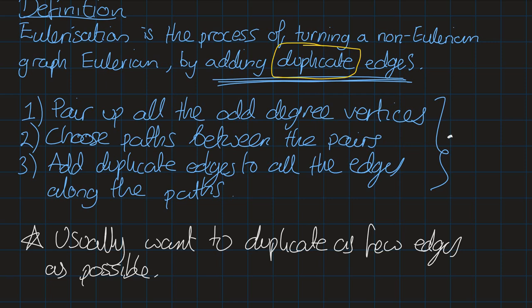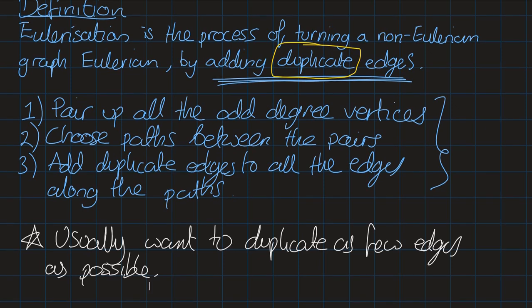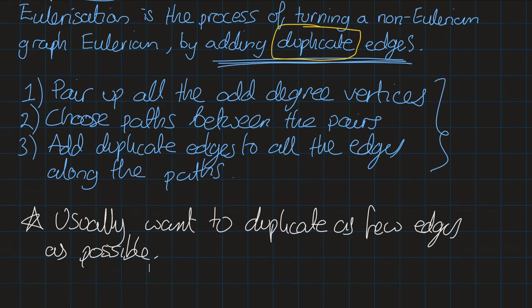For step 2, it says choose a path between the pairs of vertices. What happens if there's more than one path that you could possibly choose? Maybe some paths are longer than other paths, so you want to make sure that you choose the shortest path. So there's choice involved in these steps, and it's usually preferable that you duplicate as few edges as possible.